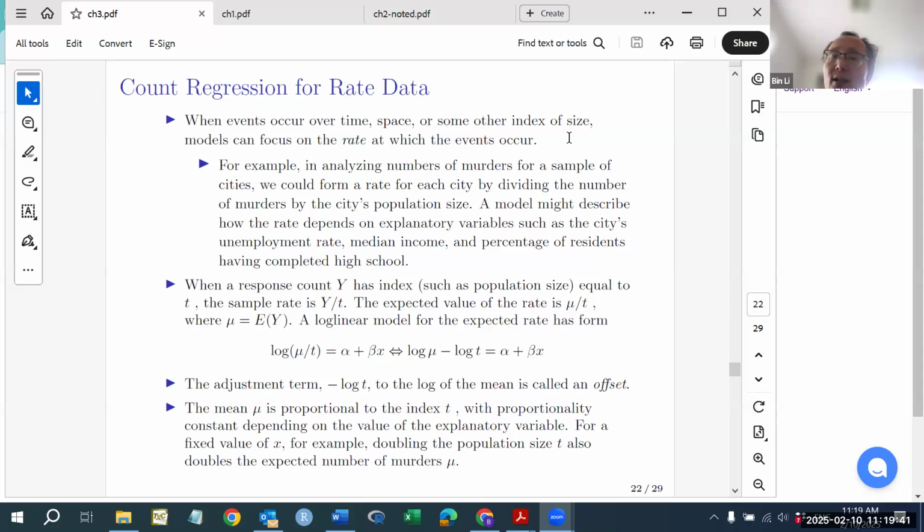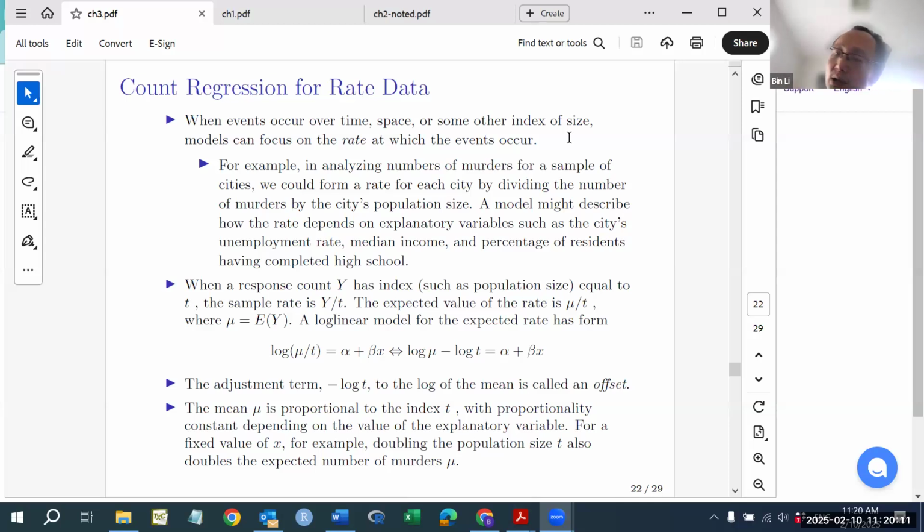Because we know that the number of murders or crimes depends on the population of that city. If that city has a small population, of course, the number of crimes will be lower. If we have a large city with a large population, of course, the number of crimes will be higher. So this depends on the size of the city, the population, right?